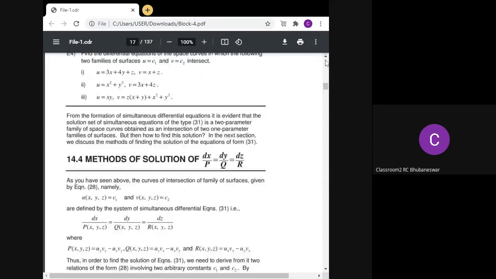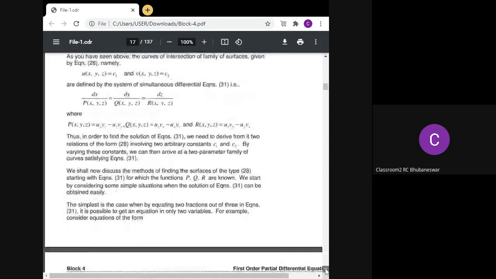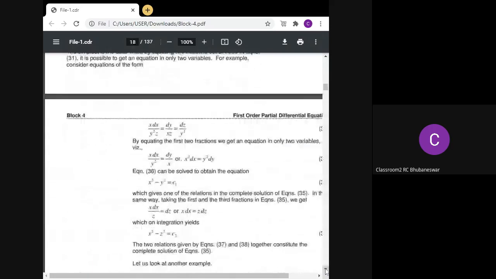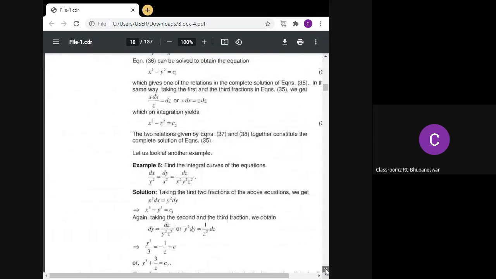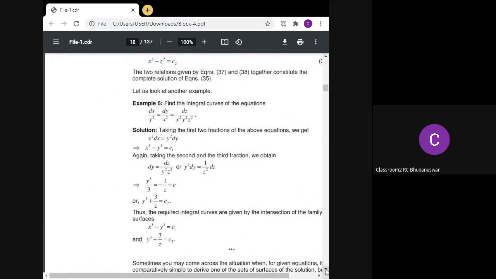So let us discuss the first example, and this is example number 6. Here the question is to find the integral curves of the equations. The equation is given like this: dx by y square equals dy by x square equals dz by x square y square z square.